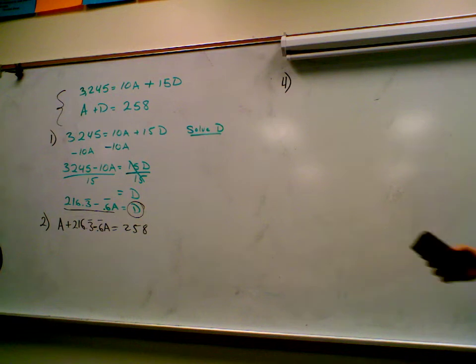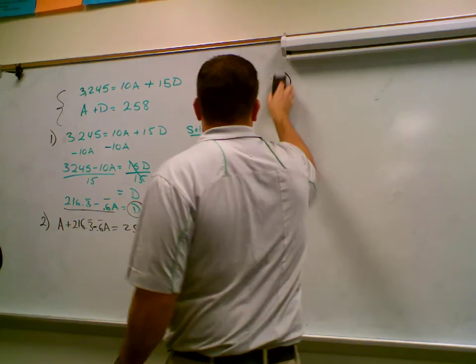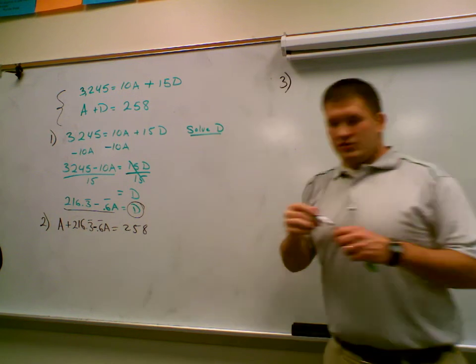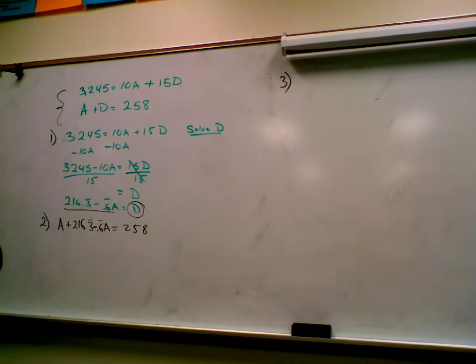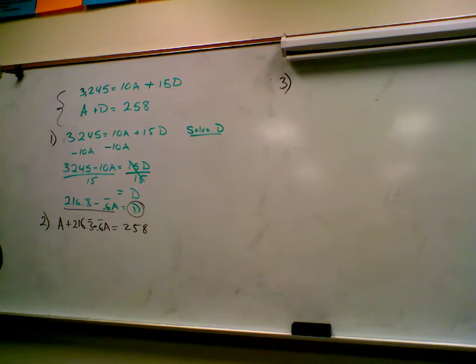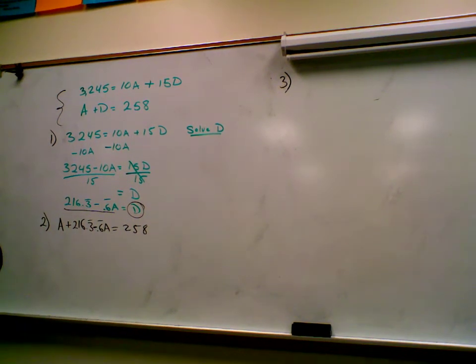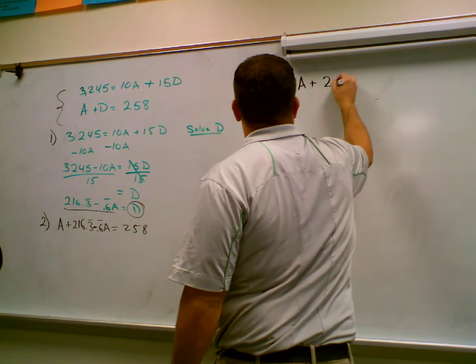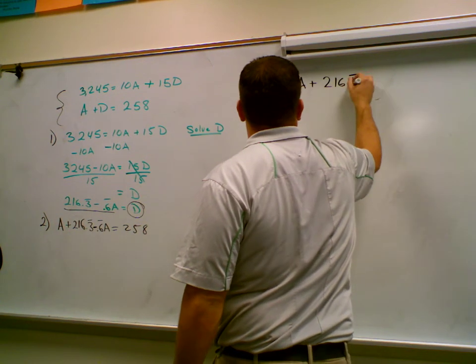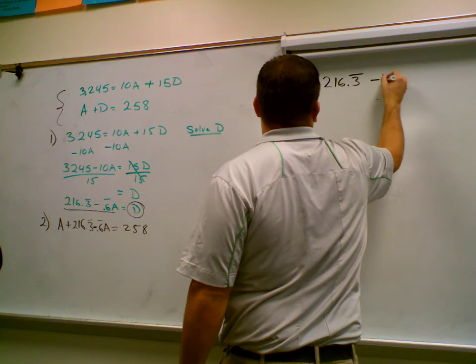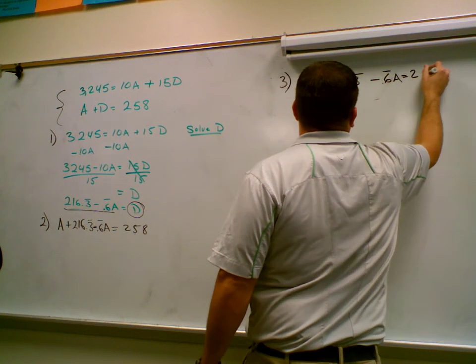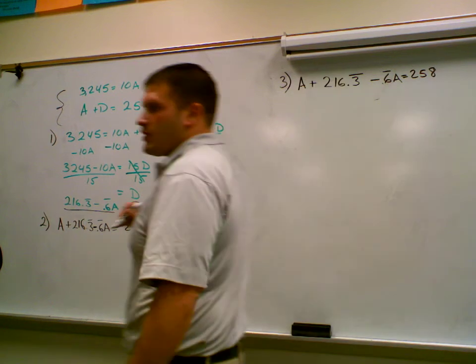Okay, so now, step 3. What is step 3 in solving the system of equations? Solve for the other variable, right? Solve for what's left. The variable that's left is a. So we have a plus 216.3 repeating minus 0.6 repeating a equals 258, right?